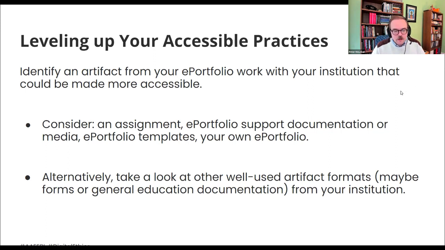And so what I would like y'all to do is, as I finish up talking here, think about and then hopefully find somewhere on your computer or around you some sort of an artifact. Could be an assignment, could be some sort of support documentation or media that you have for ePortfolio work. It could even be if you've created ePortfolio templates for your work. It could be your own portfolio.